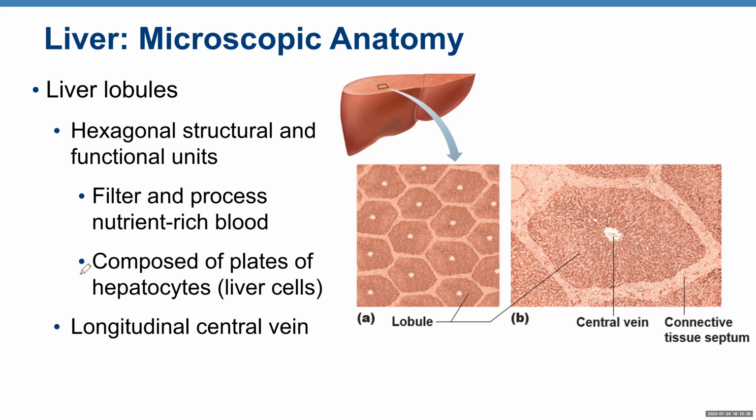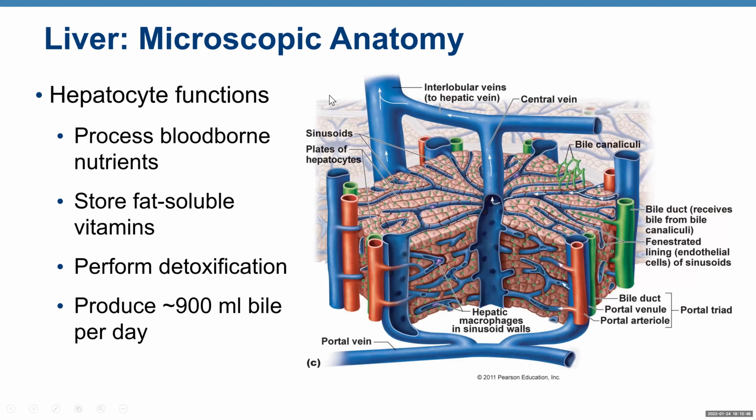Now, lobules are made of plates of hepatocytes. Hepatocytes is the name of liver cells. And it has a longitudinal central vein. So right in the middle, we have the central vein. So let's look at the structure of lobules in more detail.